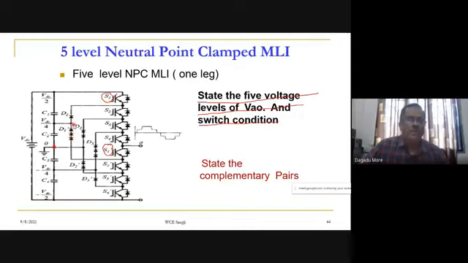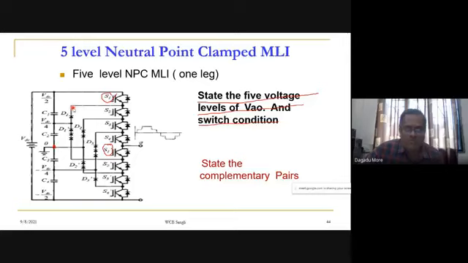The purpose is that each diode has the same voltage rating. Depending upon how much blocking voltage is available, we use one diode here and three diodes there. Our assumption is that the blocking voltage rating of each diode is the same.